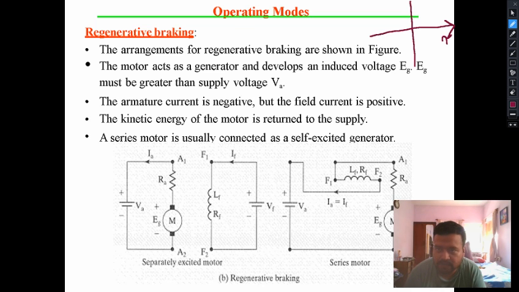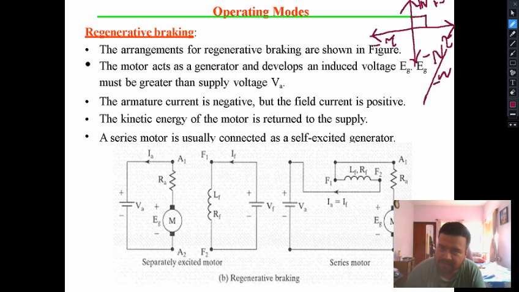In the x axis we have torque, y axis we have speed, or instead of n, you can represent it by omega also, plus omega and minus omega.